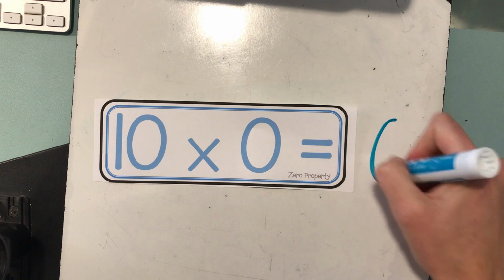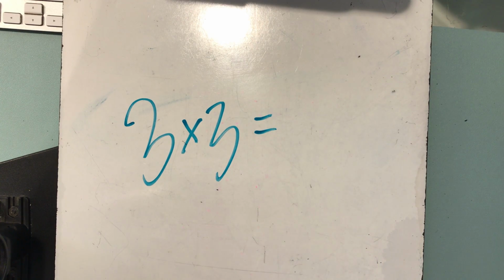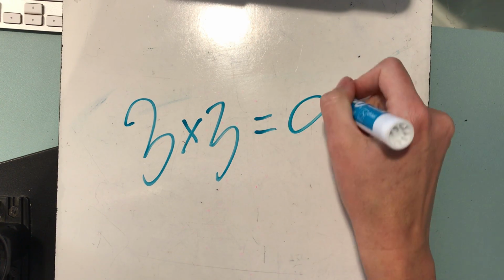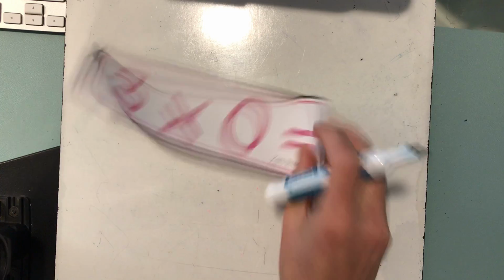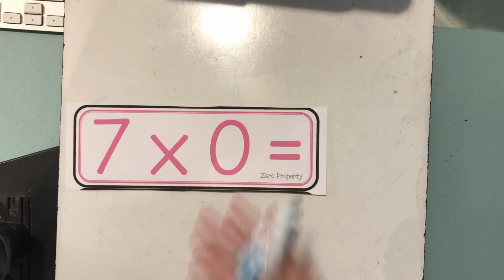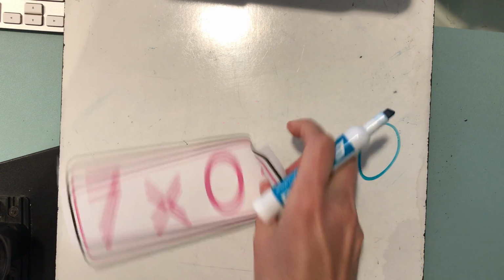Would be still 0. How about 3 times 3? Would be 3, 6, 9. How about 3 times 0? Would be 0. How about 7 times 0? It would be 0.